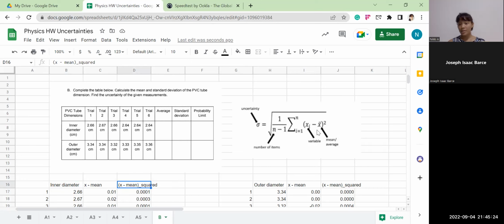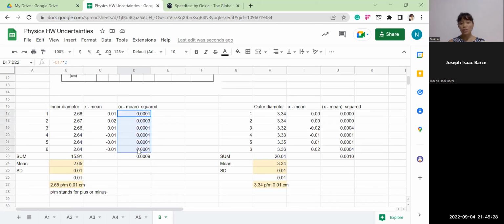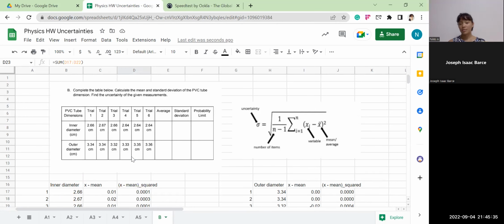So after getting the squared, kukunin mo na yung sum ng mga squares. Can you tell me what the sum of the squares are? 0.0009.